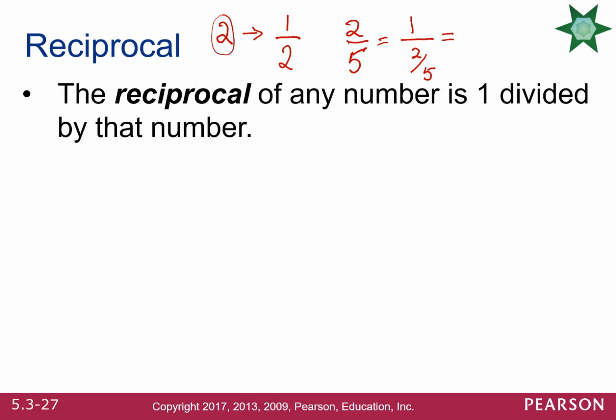What we end up with is that the numerator of the original fraction goes to the denominator and the denominator goes to the numerator. So essentially we end up flipping the numerator and the denominator. So we are going to get 5 over 2.